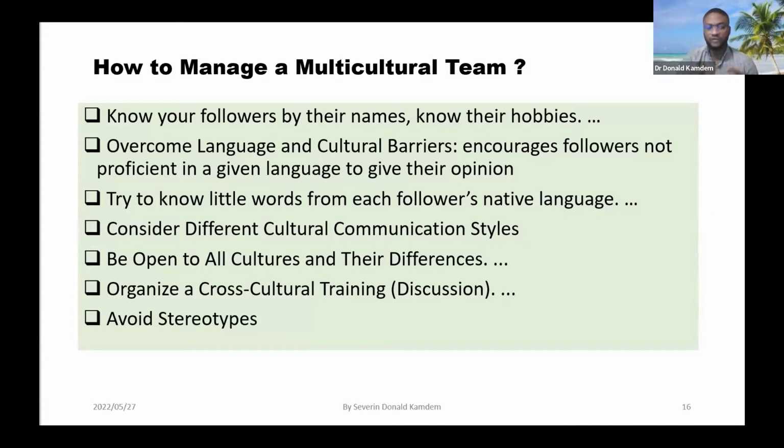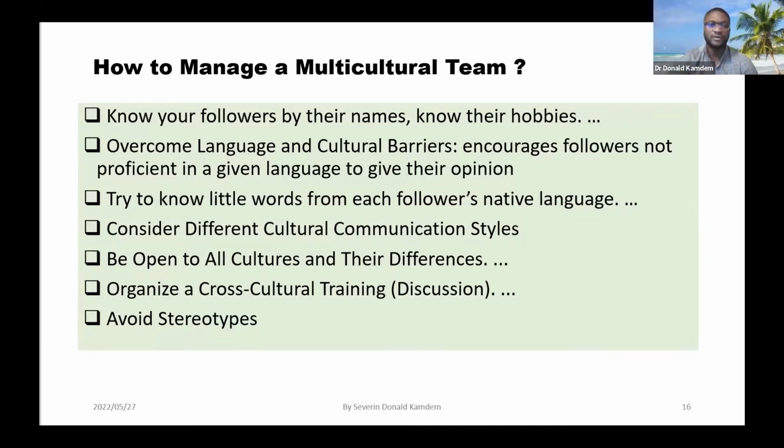So, some tips to conclude our presentation on how to manage in such a culture. Try to know your followers, know their names, try to know their hobbies, what they do when they are not working in the lab. That helps to create a kind of trust in the team. Overcome language and cultural barriers. Encourage followers not proficient in a language to give their opinion.